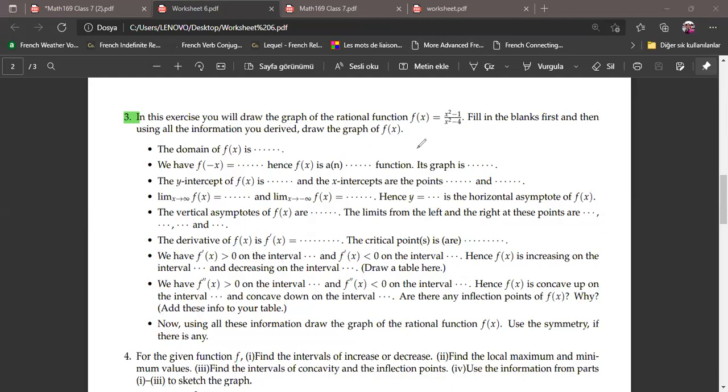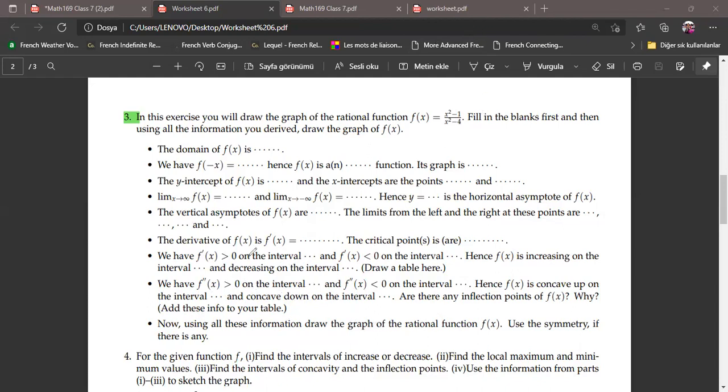Okay, now what's the derivative of this function? We will find that, and the critical points. And then we will determine on which intervals f is increasing or decreasing. Then for concavity, we will examine that too, and then we will sketch the graph of the function.